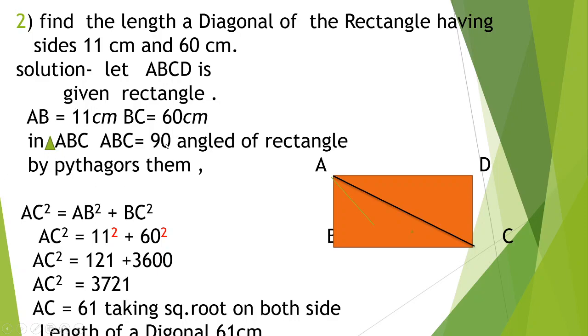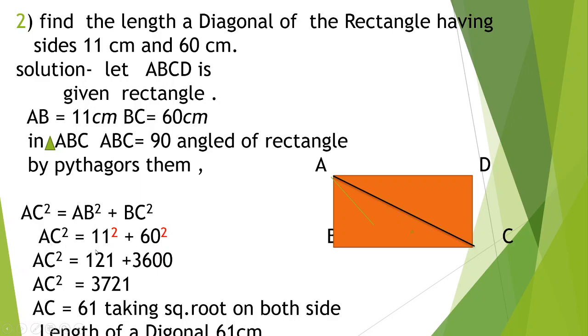So, using Pythagoras theorem, AC square is equal to AB square plus BC square. AC is the hypotenuse of this right angle triangle ABC.